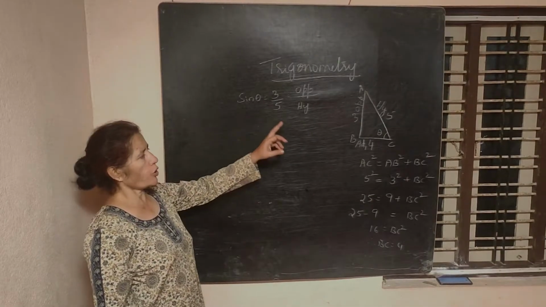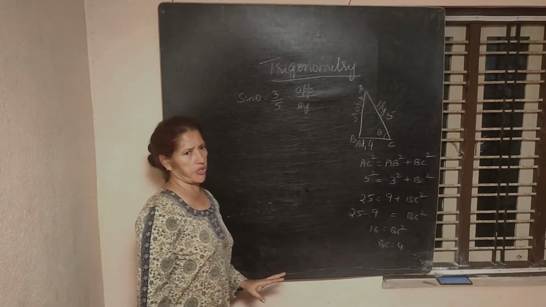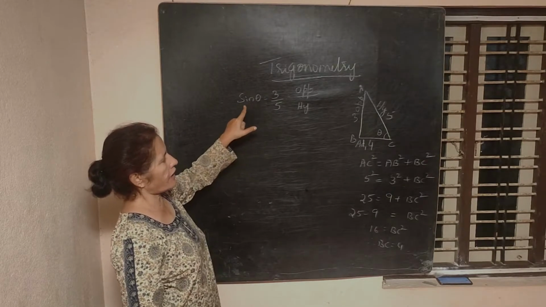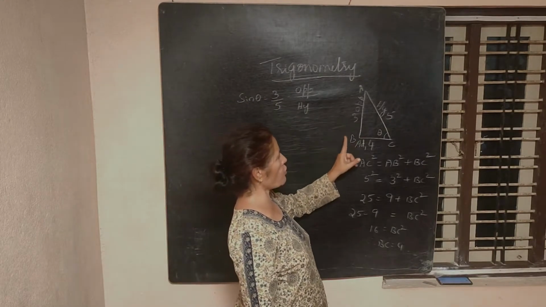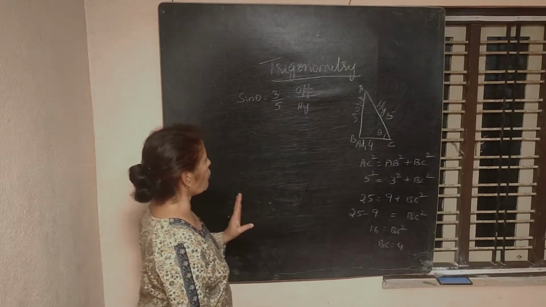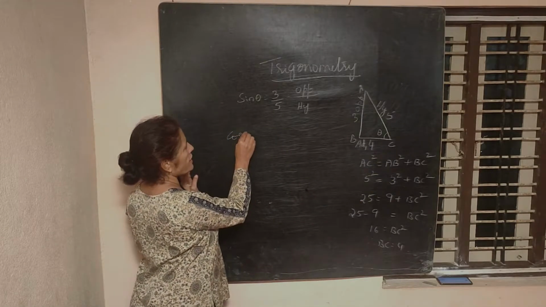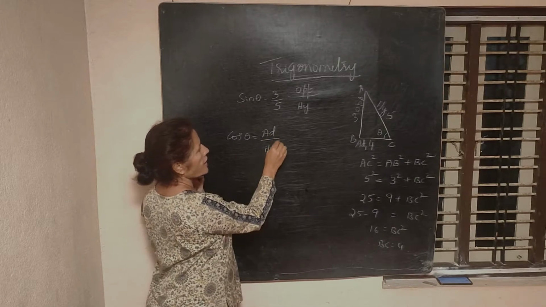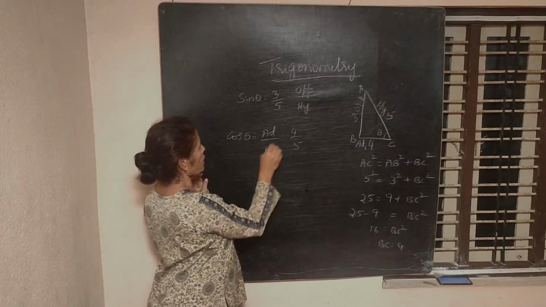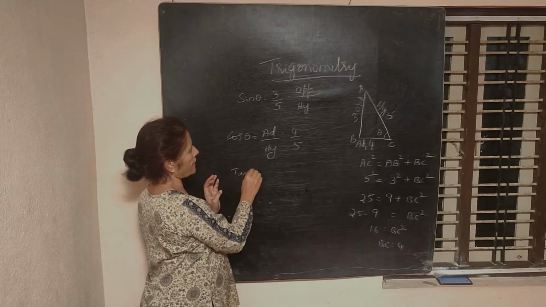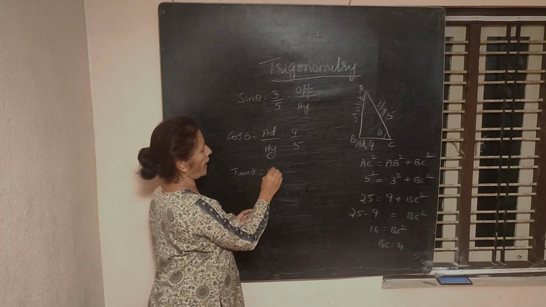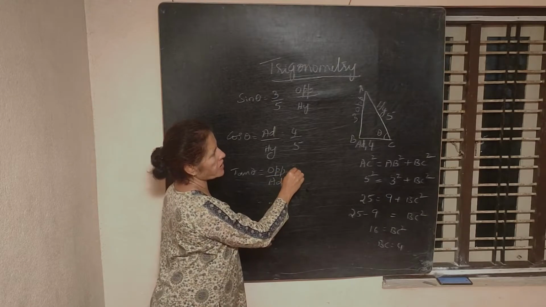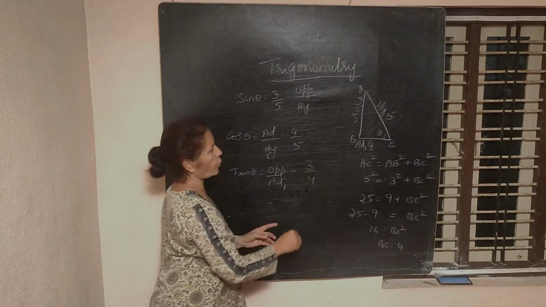So now we can write all the 6 trigonometric functions. What they have given: sin theta is equal to 3 by 5. With that data, we have found out the value of BC. Now what is cos theta? Cos theta is equal to adjacent by hypotenuse, AH, is equal to 4 by 5. What is tan theta? Tan theta is opposite by adjacent, so 3 by 4.